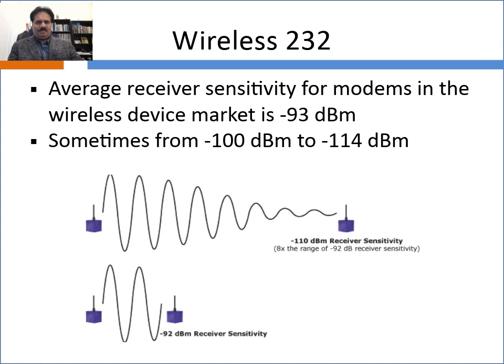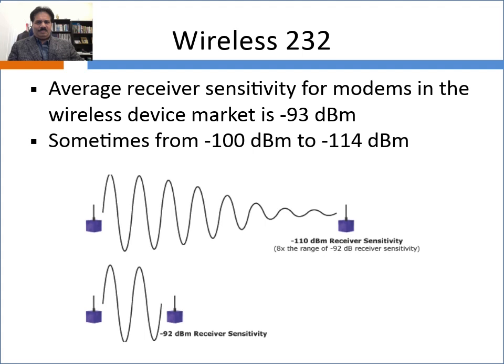The average sensitivity of a modem in the wireless market is about minus 93 dBm. dBm is a measure of signal strength or the power level at a particular point. Sometimes minus 100 to minus 114 dBm is also acceptable.